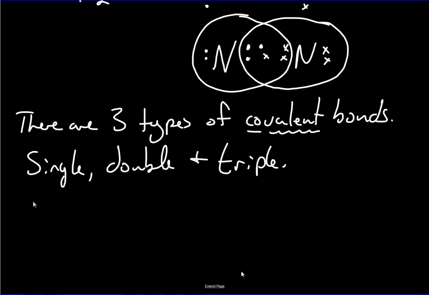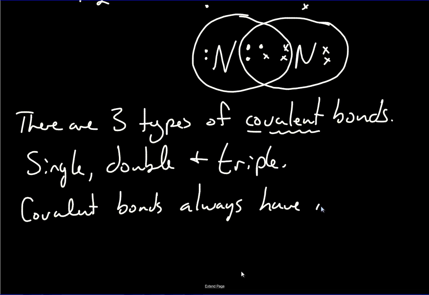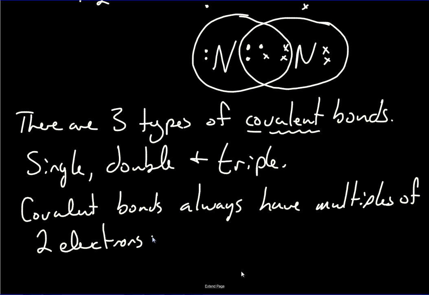The other thing to notice is that covalent bonds always have multiples of 2 electrons. So what that really means in practice is a single bond will have 2 electrons.